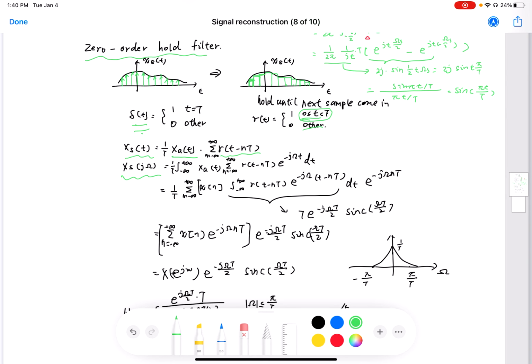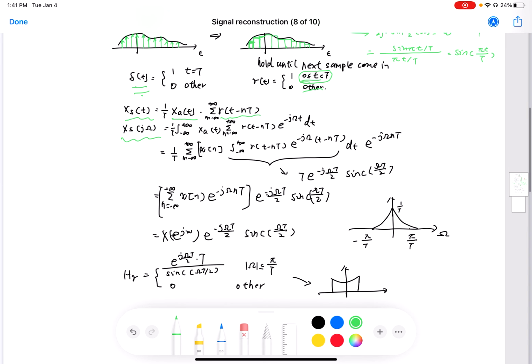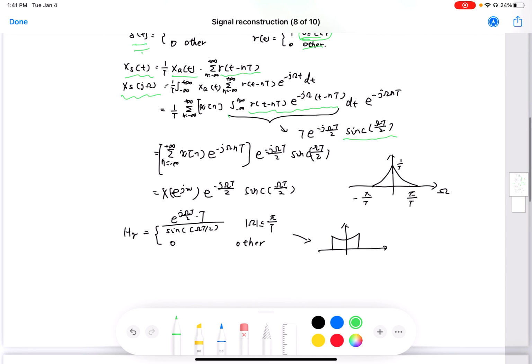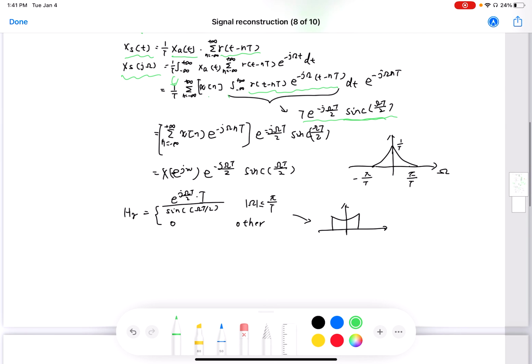We can also write the xs in frequency domain. Because a rectangle in time domain is equivalent to a sinc in frequency domain, I won't derive this in detail, but after rewriting this formula, we can have this sinc function.